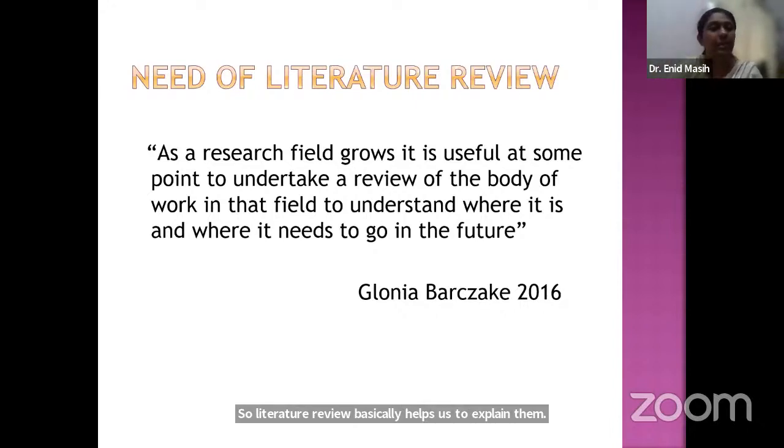Many times when we do any research work, the least exciting part of the whole research work or the paper we are writing is to write a literature review.